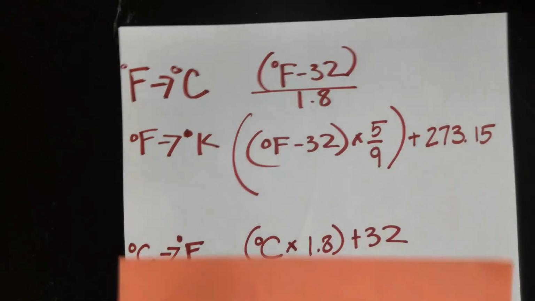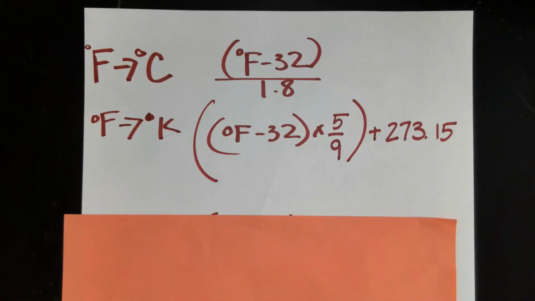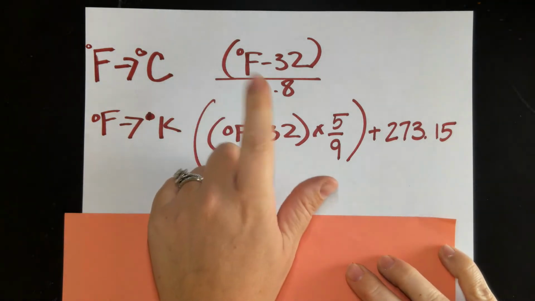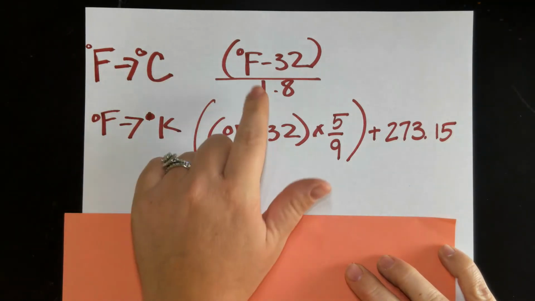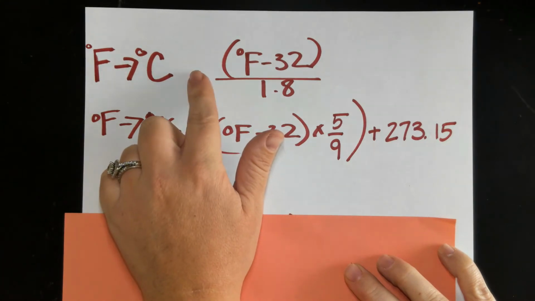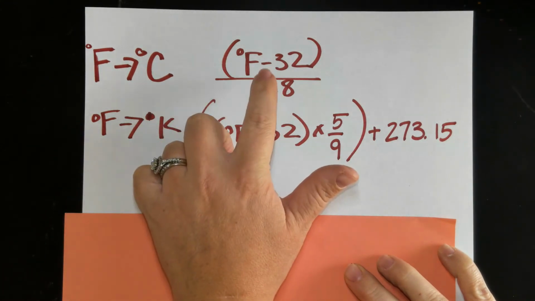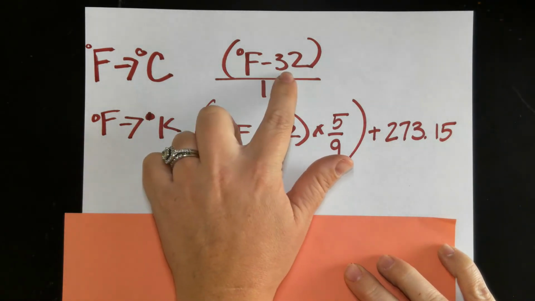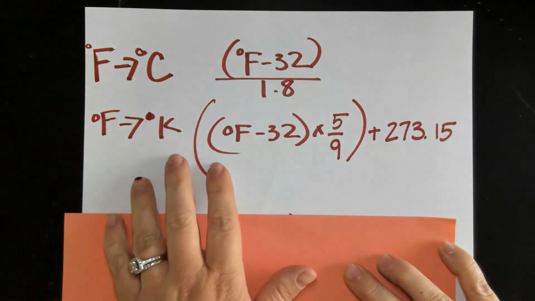We have some mathematical conversions, because that's what we're going to focus on: can we convert from one scale to another, between 2 different scales? There are some formulas that take us from Fahrenheit to Celsius. If I want to have an answer in Celsius, I would use this formula: I use my Fahrenheit, subtract 32 from it, and divide that by 1.8.